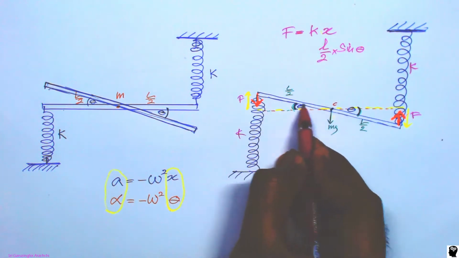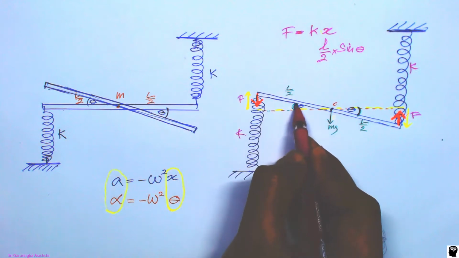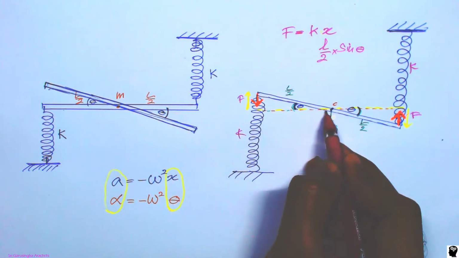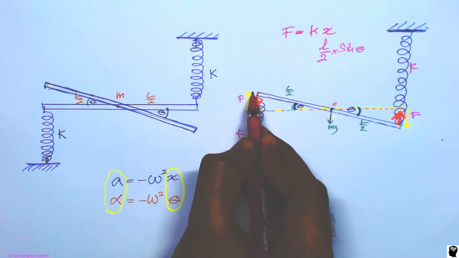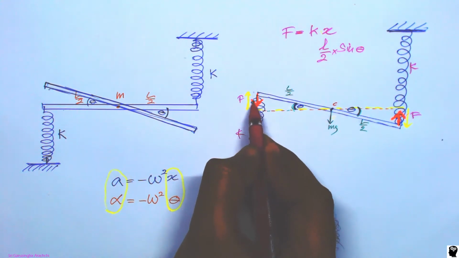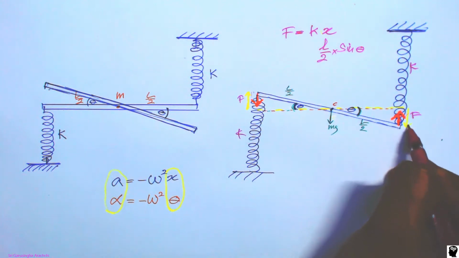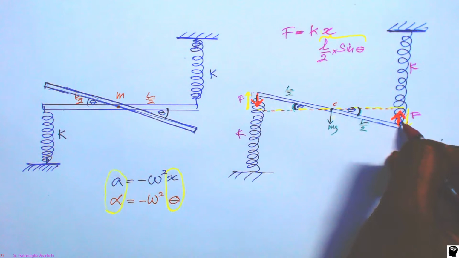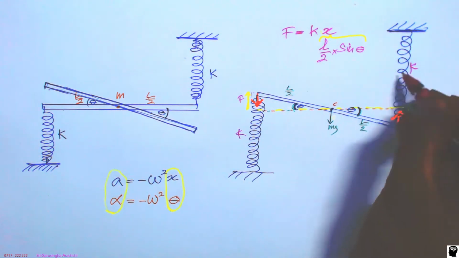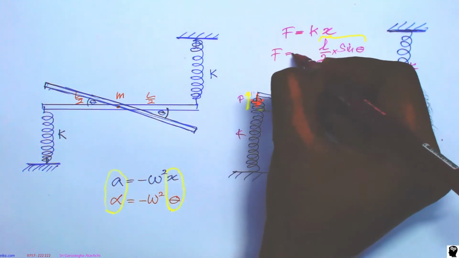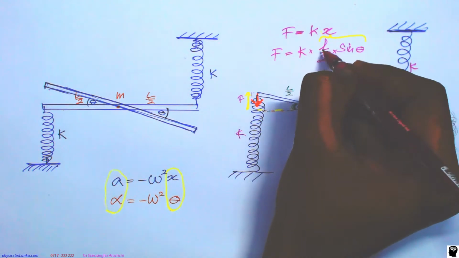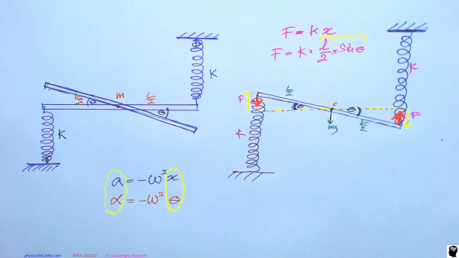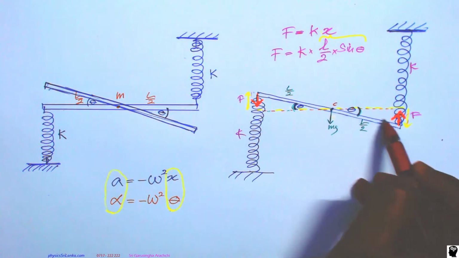This is L divided by 2. This is theta. This is L divided by 2 cos theta. And this is the extension. It is L divided by 2 sine theta. This also is L divided by 2 sine theta. Then I can say the force acting on a single spring, F, equals K multiplied by L divided by 2 into sine theta. We can see a right triangle.